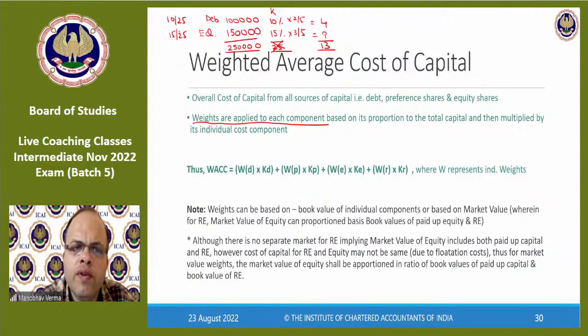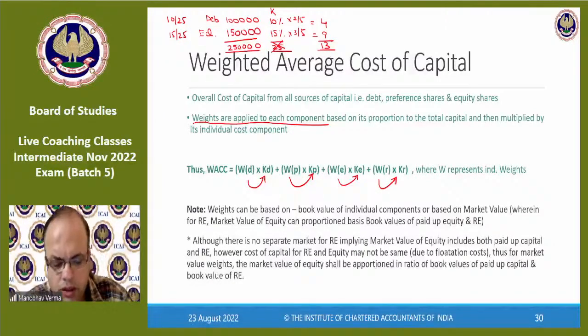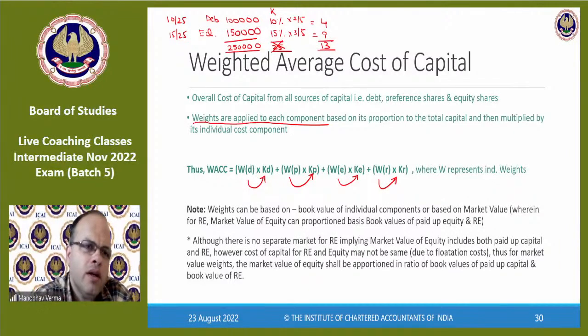Weighted average cost of capital. So basically, for each component, we are just multiplying the weights: for debentures, for preferred stock, for equity, for retained earnings. That's it. Now, sometimes weights can be tricky. On what basis do we take our weights?